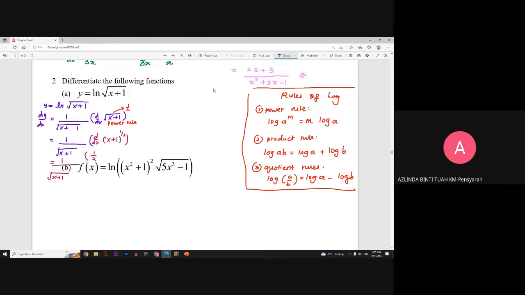Bring down the power, minus 1, differentiate inside the bracket. So differentiate x is 1, plus differentiate 1 is 0. Okay, so it's going to be 1 over square root of x plus 1.